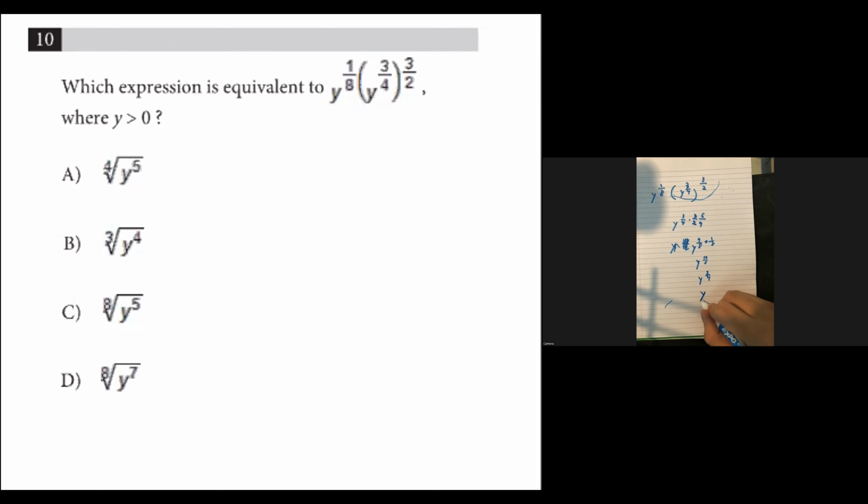So we get the 4th root of y to the 5th, which would get us A as our answer choice.